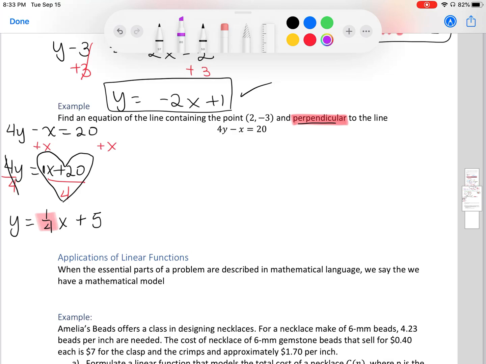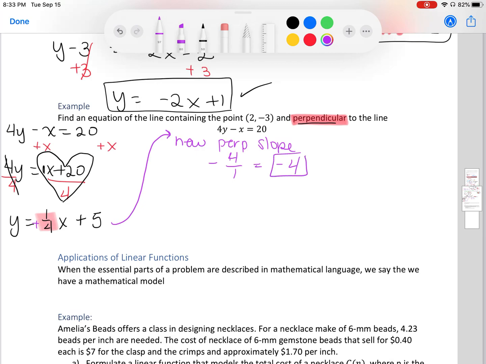So our new perpendicular slope would be, well, here I have a plus, so this one would be a negative. There I have 1/4, so here I'll have 4 over 1, which is just negative 4.